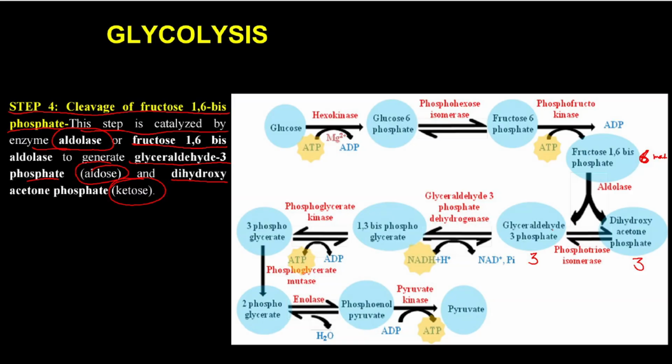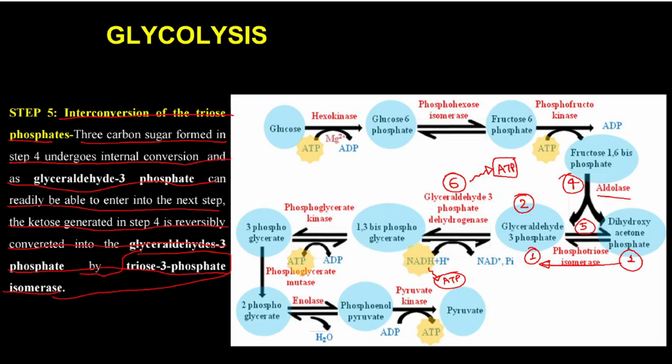Okay, so the enzyme involved is aldolase, or we can call it fructose 1,6 bisphosphate aldolase, to generate glyceraldehyde 3 phosphate and dihydroxyacetone phosphate. This glyceraldehyde 3 phosphate is an aldose, an aldehyde sugar, and this dihydroxyacetone phosphate is a ketose, a ketonic sugar.